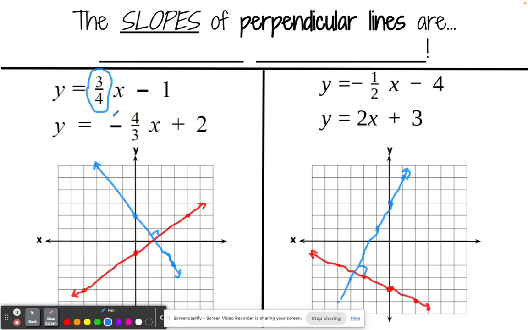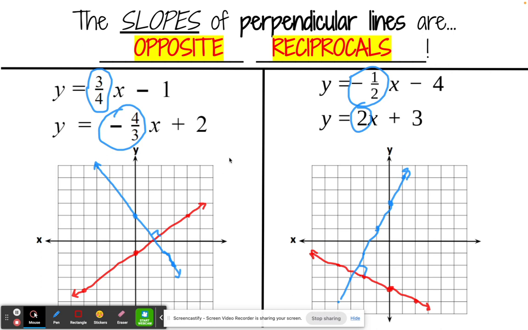Let's look at these two slopes and see what we notice. I have 3/4 and I have -4/3. I have -1/2 and I have +2. What do you notice about those? Well, hopefully you've noticed that those slopes are opposite reciprocals.